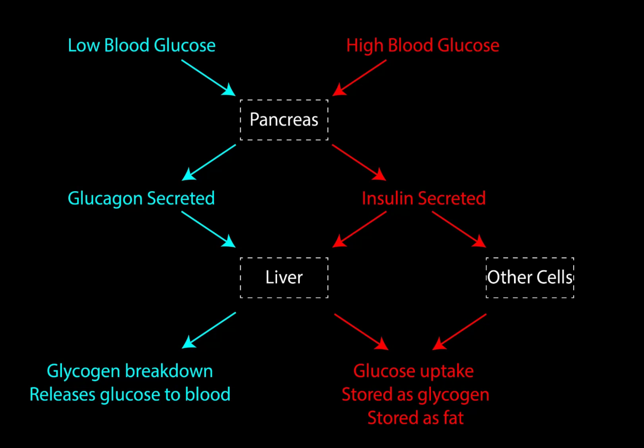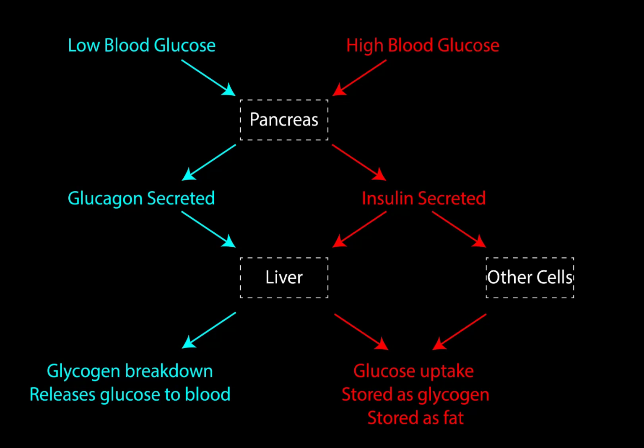Insulin will also interact with other cells. For example, adipose tissue. The signal that insulin sends to adipose tissue would say, I have a lot of energy, so I need to store it. And adipose tissue will store that energy as fat.